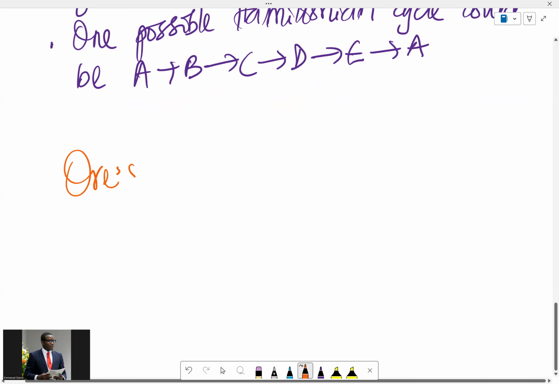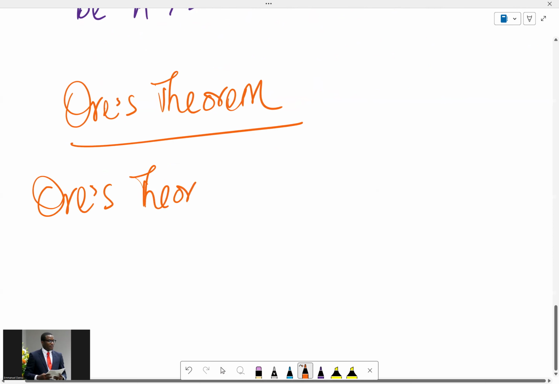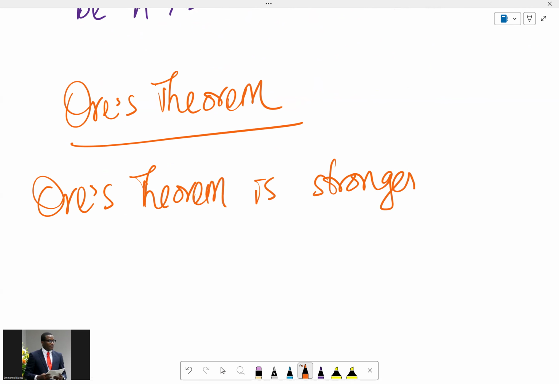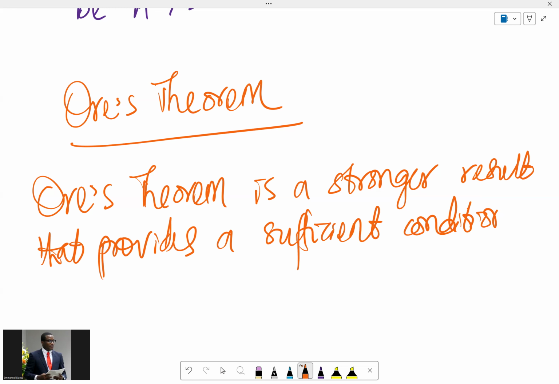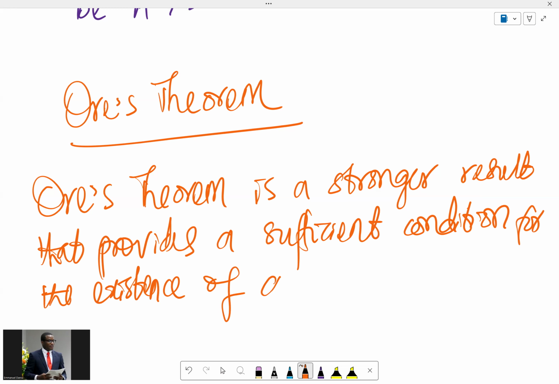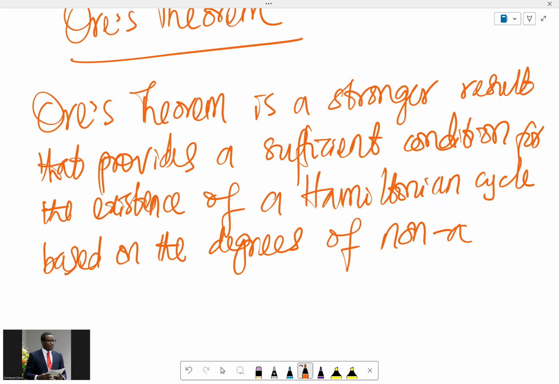Ore's theorem is a stronger result that provides a sufficient condition for the existence of a Hamiltonian cycle based on the degrees of non-adjacent vertices.